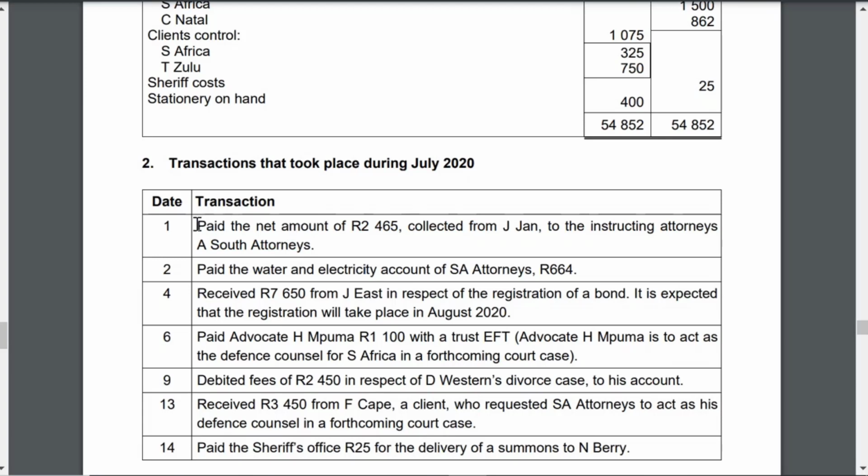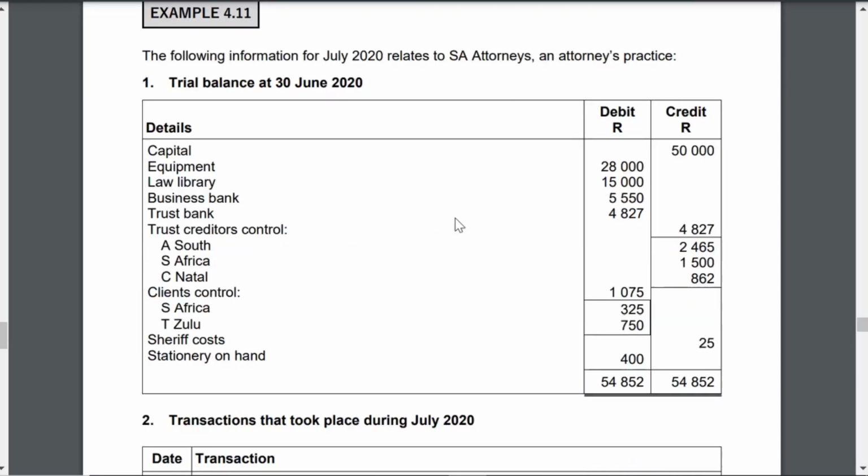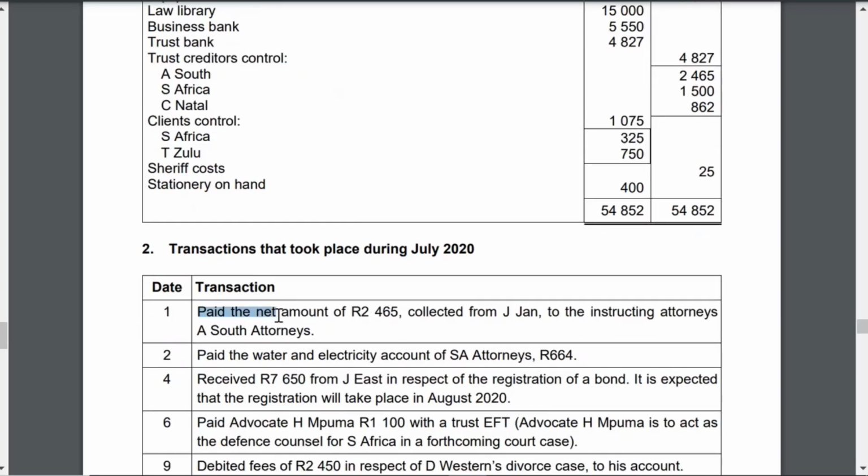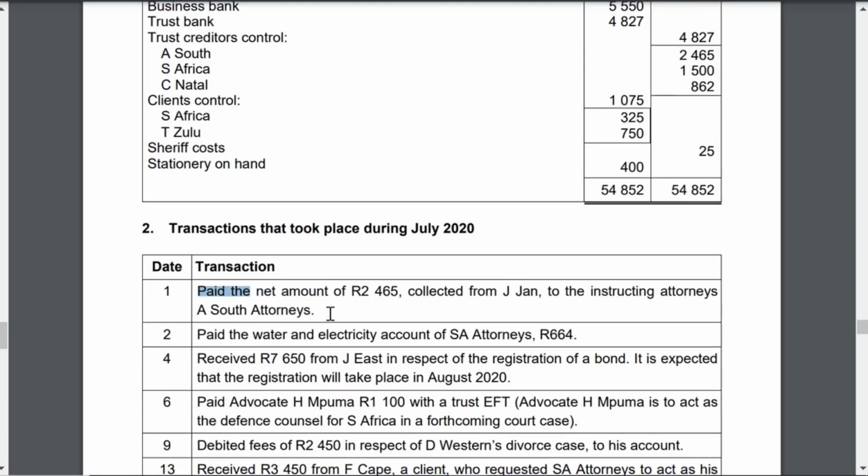So basically, SA attorneys collected money on behalf of a client, and got it from A South attorneys. Because this relates to client money, it will be recorded in the trust cash payment journal.